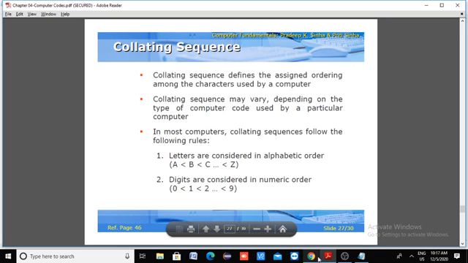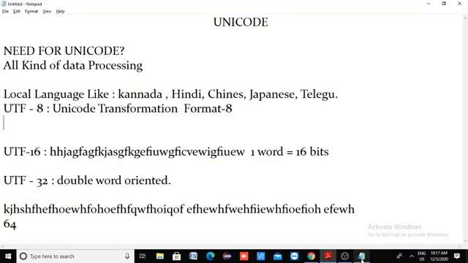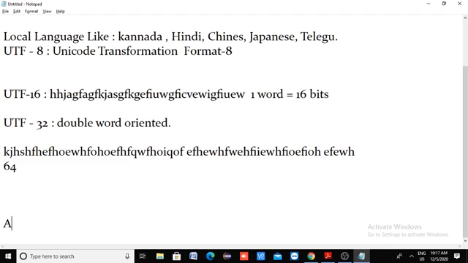For example, here I will write A, which you know already is a character. B is a character, C, D, E, F, G, H, I, J, K, L, M, N, O, up to Z. What does it mean? In collating sequence, all are in order.